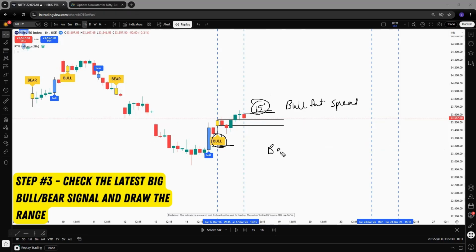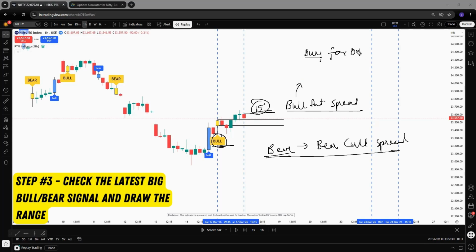Similarly, if it is a bear signal, I have to create a bear call spread. Simple. We already know what a bull put spread is. Bull put spread means first leg, you are buying a far OTM put option, then sell a near OTM put option, not very far away.